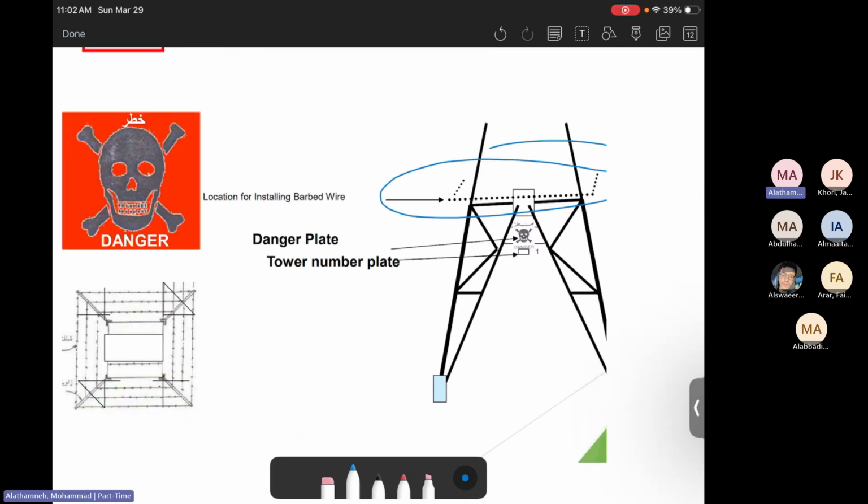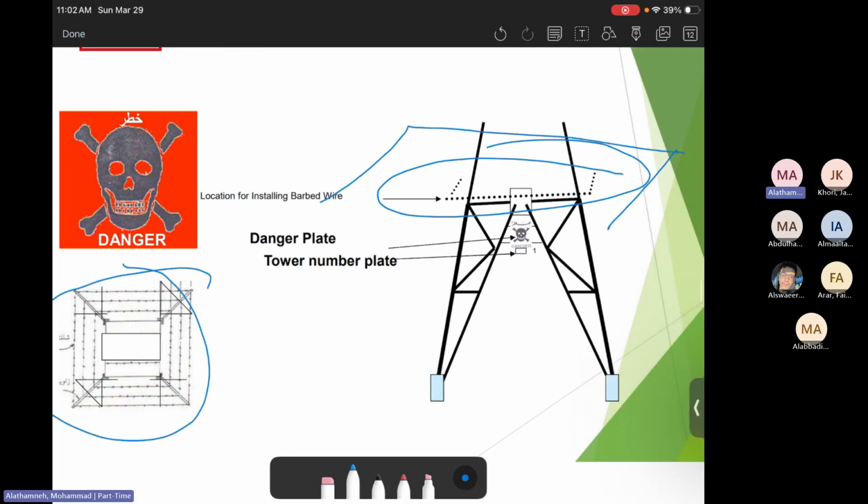So here it will be very difficult to climb the tower because of the anti-climb wires. The other thing, there must be danger plates. It will tell people, danger, please do not come close to it.